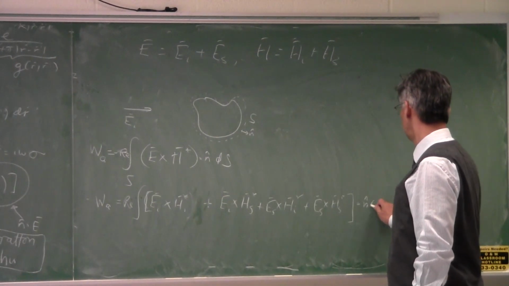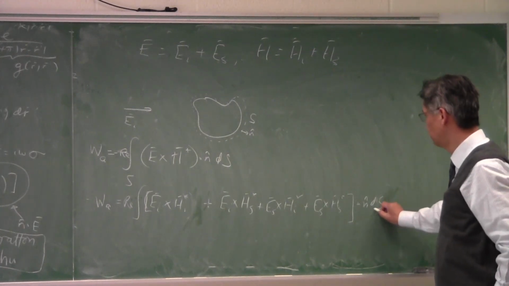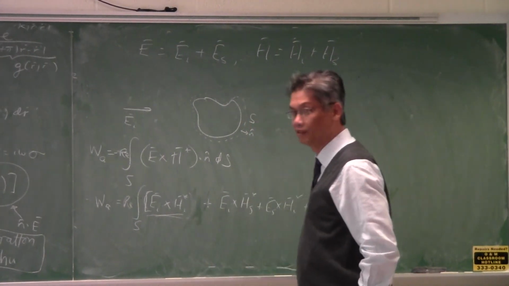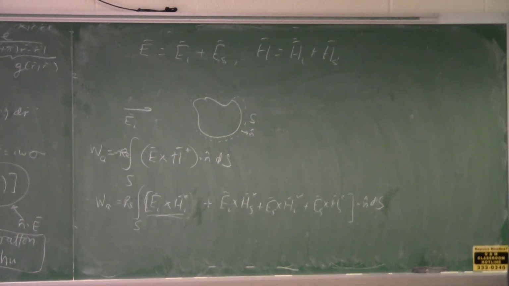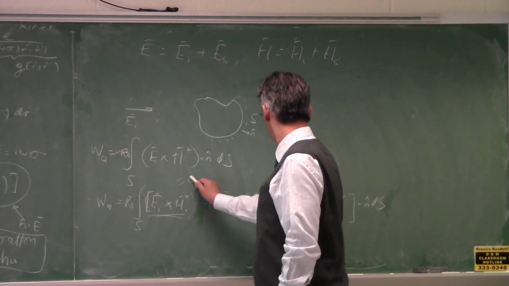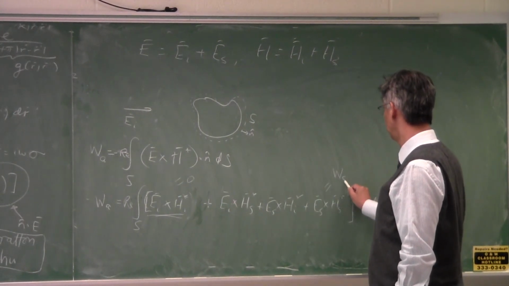And as all the textbooks say, this term must integrate to 0 on a closed surface, because if it's the incident field, there's no loss. So if you have only the incident field, this must go to 0, and this must be the scattered energy.